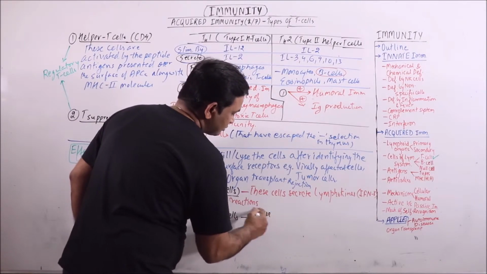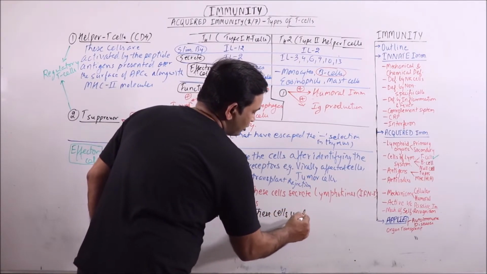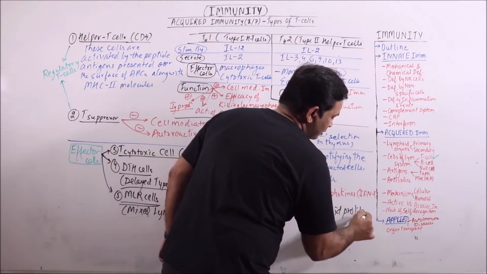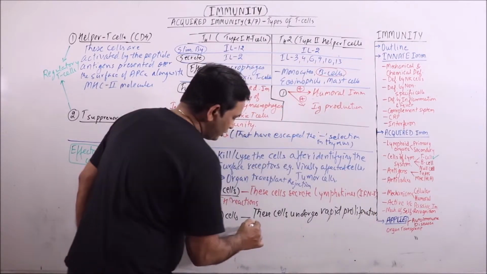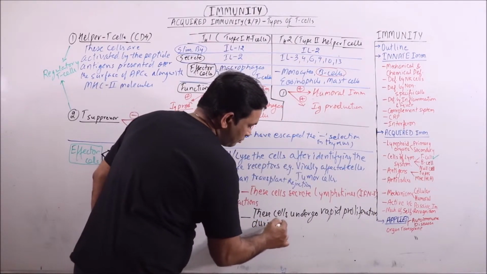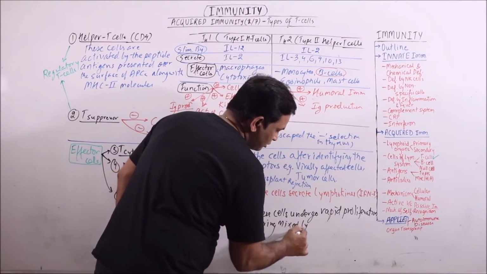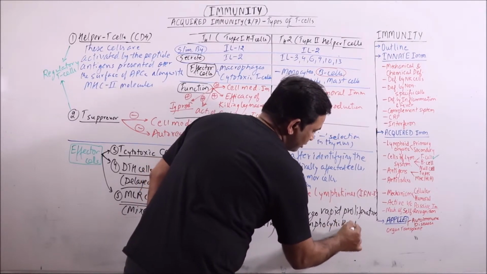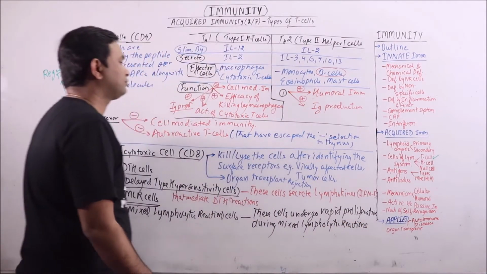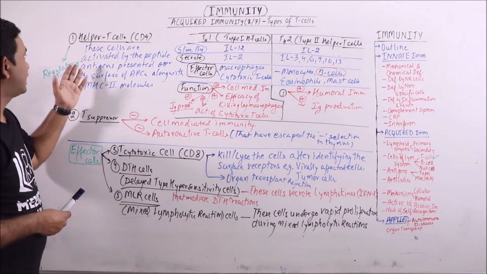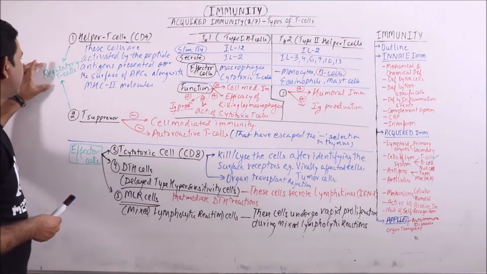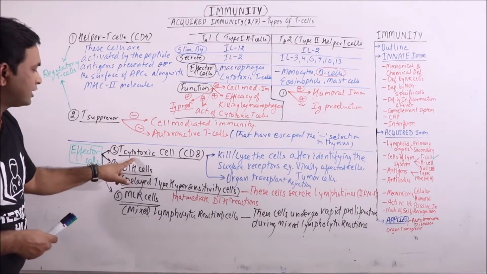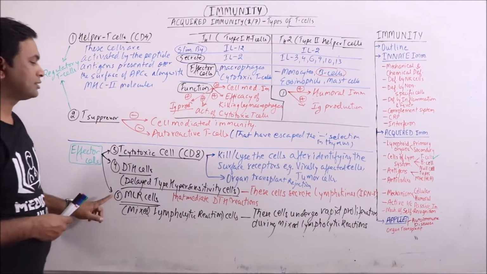These cells undergo rapid proliferation during mixed lymphocytic reactions. These helper T cells and suppressor T cells are collectively termed as regulatory T cells. These are effector T cells which include cytotoxic T cell, DTH cell and MLR cells.